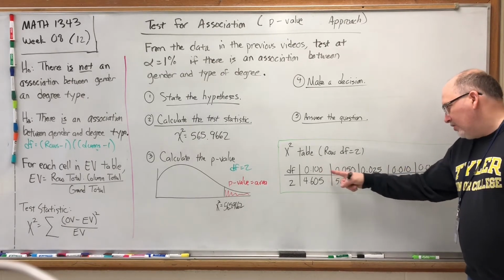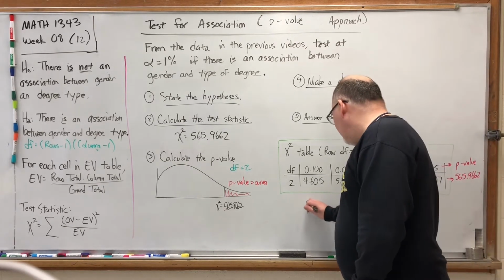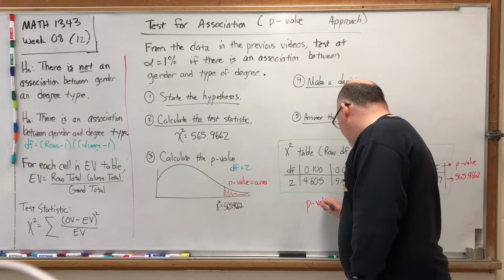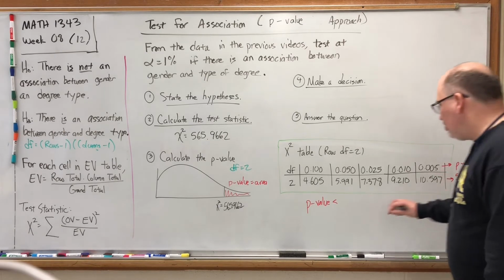They're getting smaller and smaller, which means if we move off the chart, we would expect the p-value to be even smaller. So the only conclusion we can draw about the p-value is that it's going to be less than this last area. So we can conclude that the p-value is less than the smallest area in our chart.